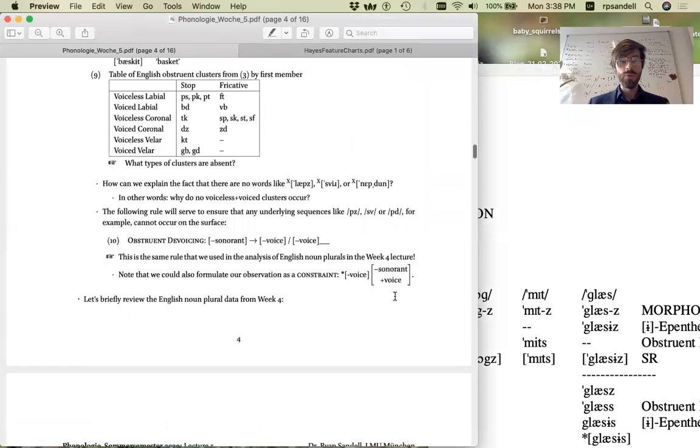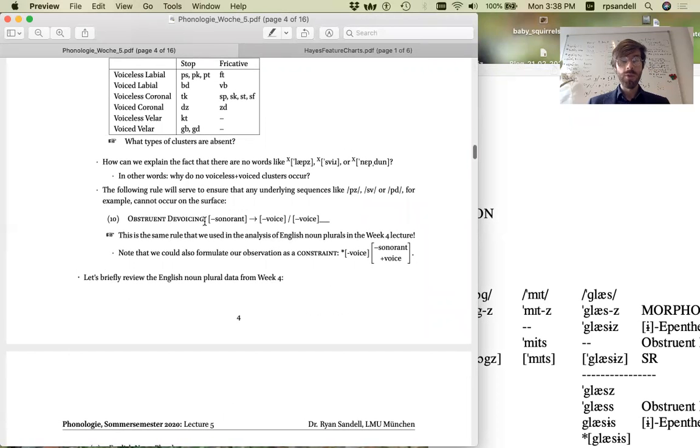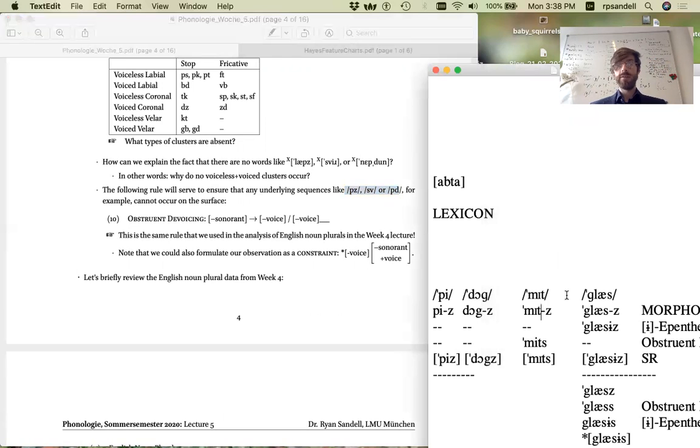And that rule of obstruent devoicing will ensure that any of these sequences where there is a voiceless obstruent followed by a voiced obstruent will be transformed into sequences of two voiceless obstruents.